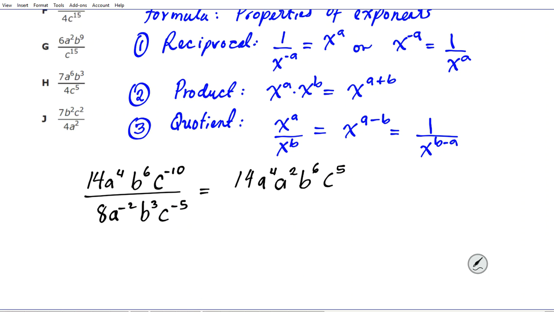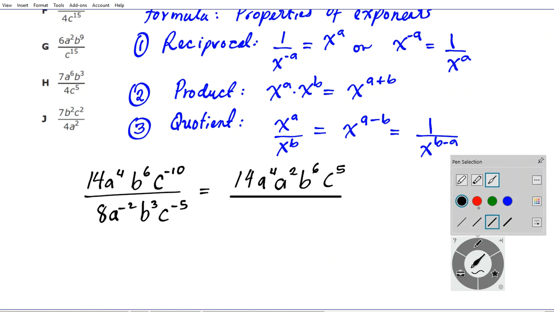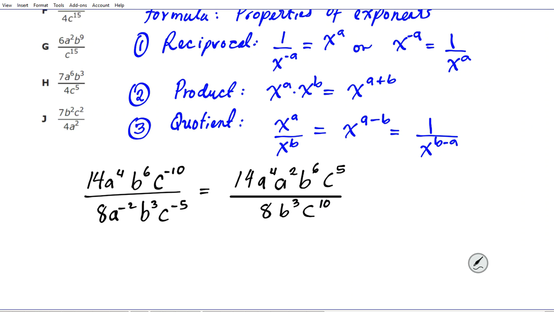And then let's see what's downstairs. In the denominator, we have 8. b has a positive exponent, so we'll leave it alone. And then this c to the negative 10 upstairs comes down, and the power changes.